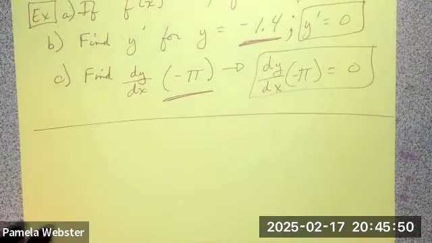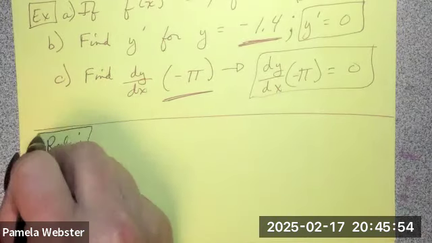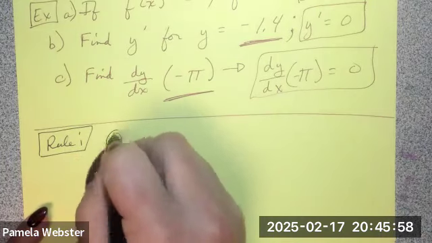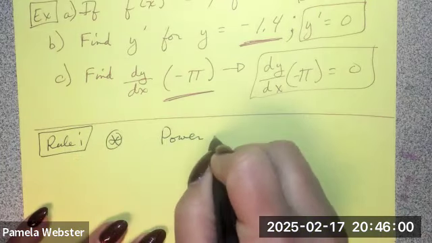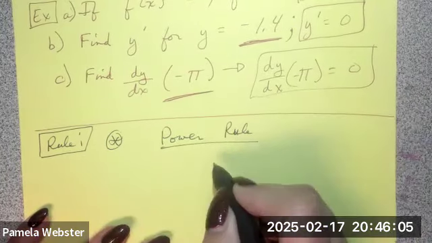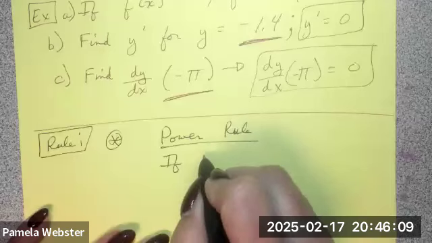Okay. Moving on. Here's a rule. Okay. And we don't have tons and tons of rules, but here we go. This one's called the power rule. This one we use all the time. So you're going to get really used to this.